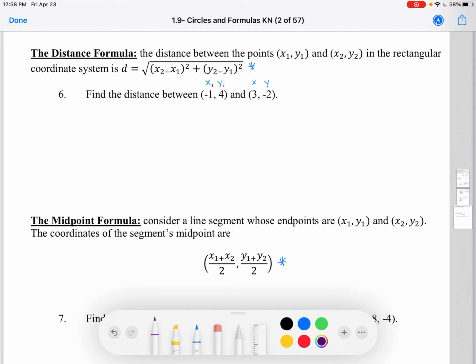So not only is it going to be X1, it will also be Y1. And then for the second coordinate, 3, -2, that was the second coordinate that showed up, so I'm going to give those 2s. So now when I do the distance formula, I know exactly which piece to plug in each time.